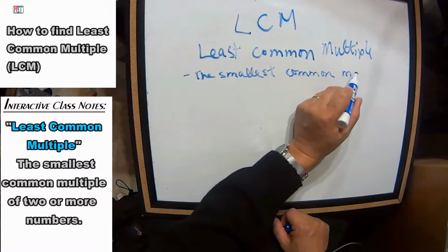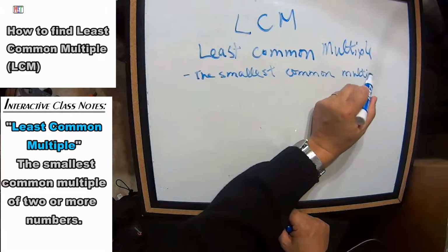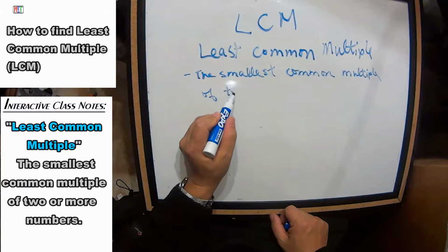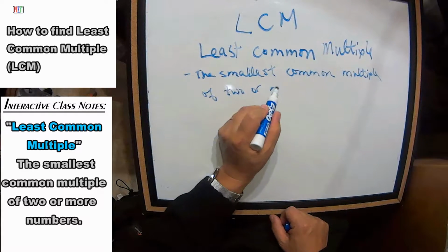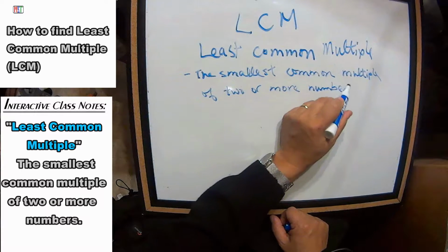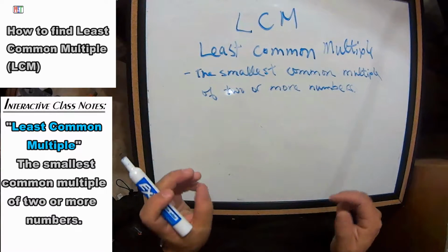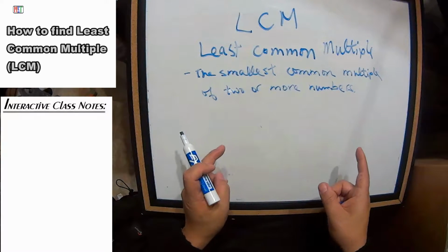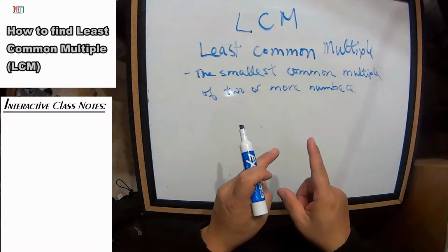It's a number of two or more set of numbers. Basically, it is the smallest common number into which two or more numbers can divide.